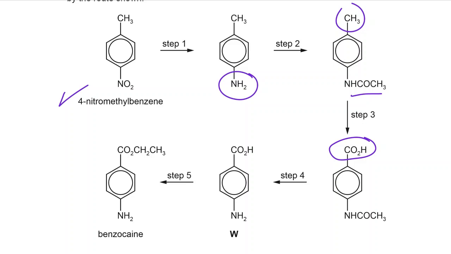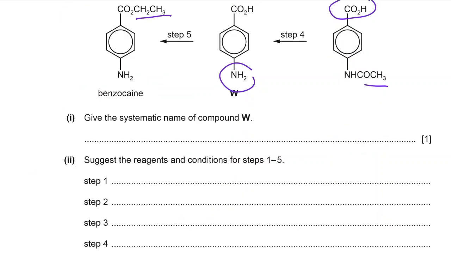Okay, and then in step 4 we have removed this acyl group and we have converted it again into amino group, and then we have bonded to the carboxylic group an ethyl group by a reaction which is called esterification. Okay, so let's go to the questions.